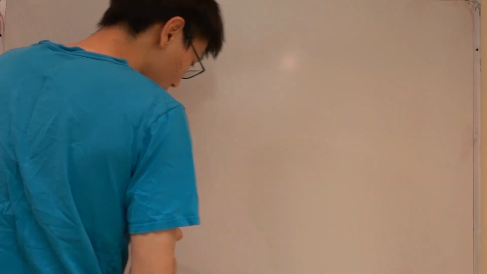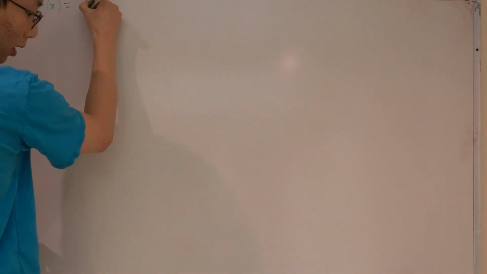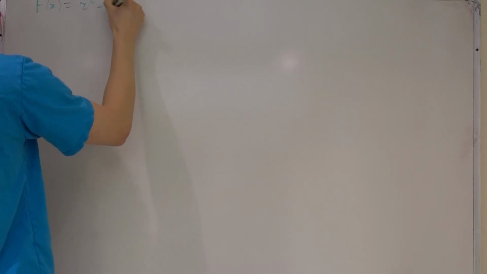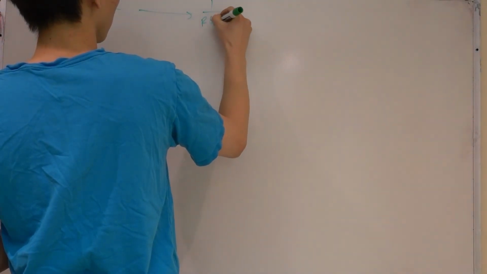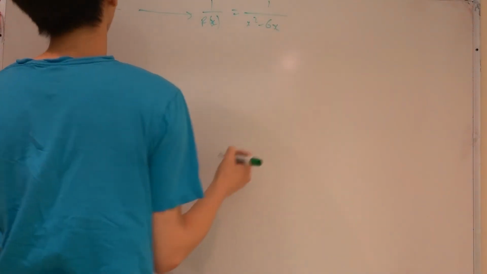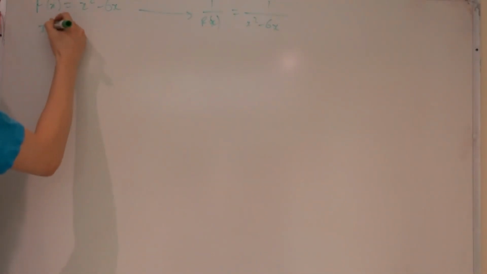So let's do the quadratic f of x is equal to x squared minus 6x. And of course we want to graph our reciprocal function 1 over f of x, which is just 1 over x squared minus 6x. I hope you immediately see that this is factorable, so you should factor it.